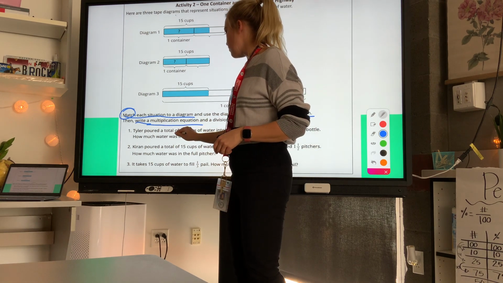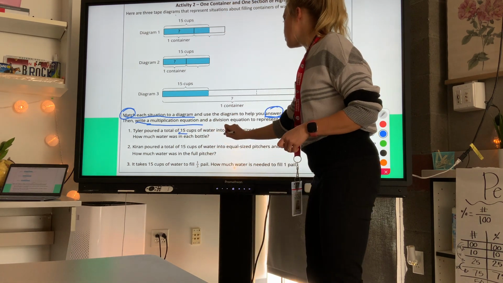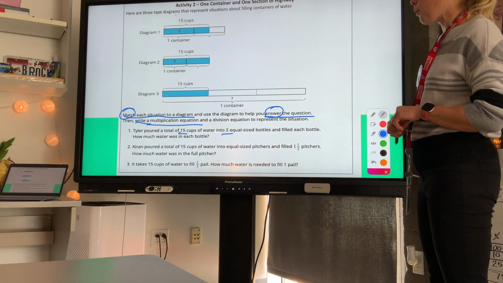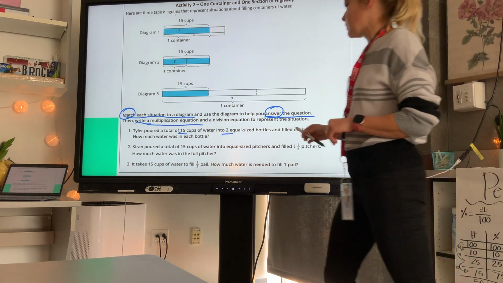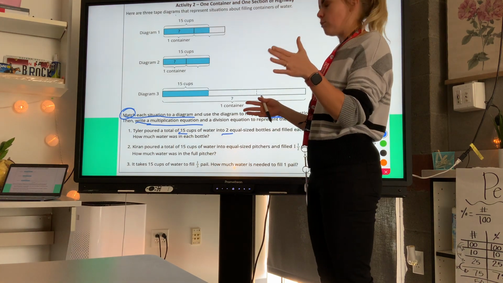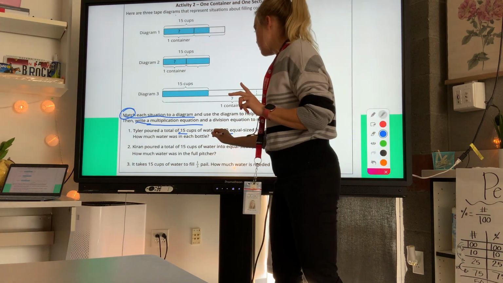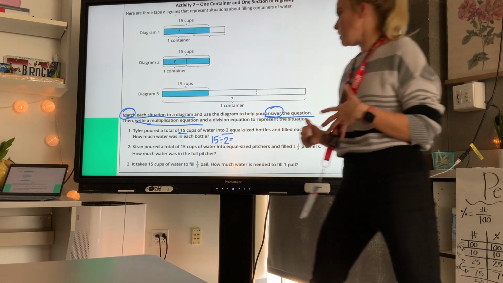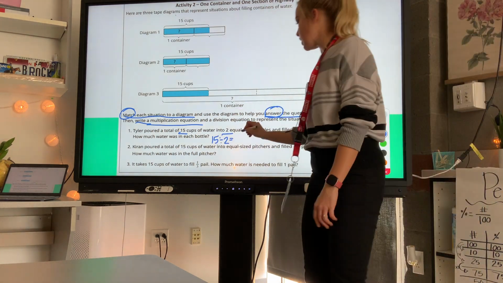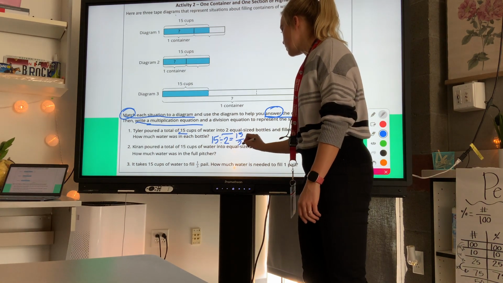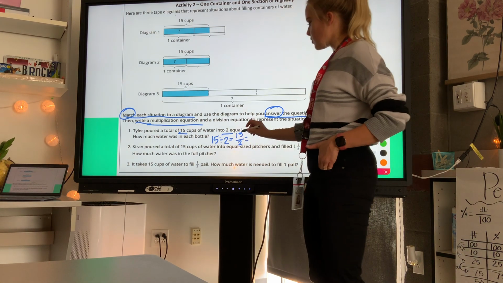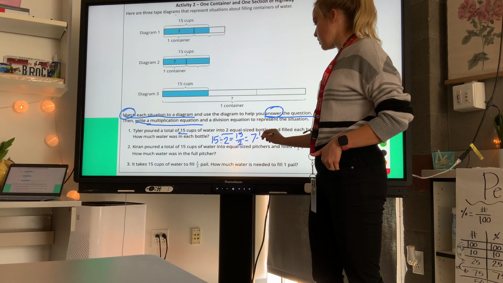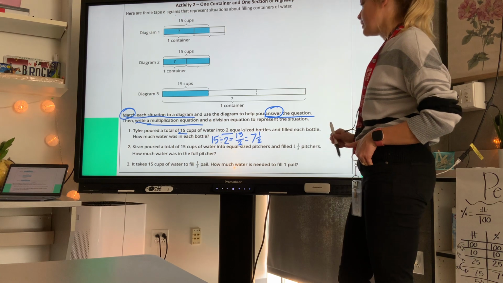Tyler poured a total of 15 cups of water into 2 equal-sized bottles and filled each bottle. How much water was in each? So if we have a total of 15 and we're splitting them into 2, one way we could write that is 15 divided by 2. We can write that as a fraction 15 over 2, which equals 2 goes into 15 7 times, which is 14, plus 1 left over, so 7 and 1/2.